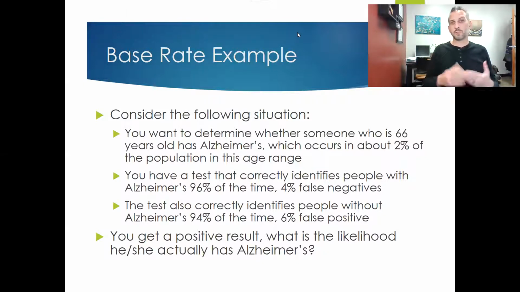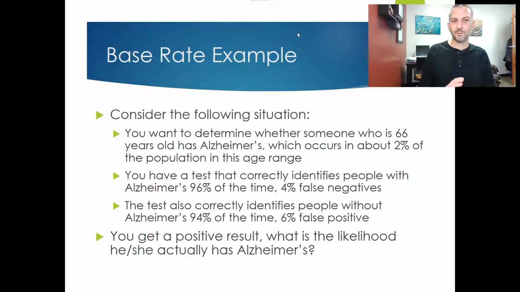Now let's imagine a situation where you get a positive result. What is the likelihood that this person actually has Alzheimer's? Is it 4%? Is it 6%? Is it 2%? Is it 96%? 94%? Well, none of the above.